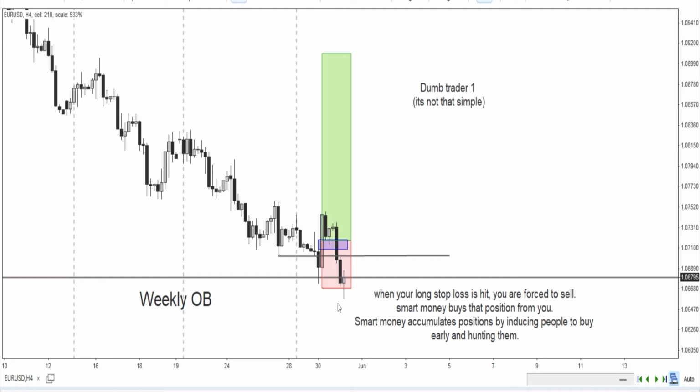Consequently, institutions will place buy limit orders below the stop losses. As traders' long stop losses get hit, they are forced to sell at market order. Now they get paired with institution buy limits, enabling the institutions to keep repeating this process until they have accumulated desired positions.